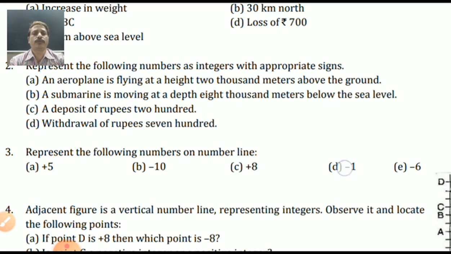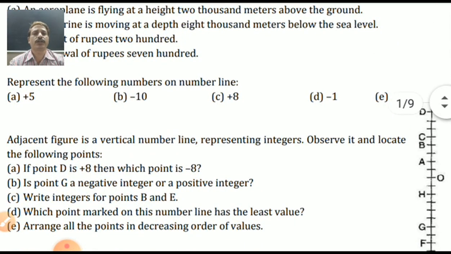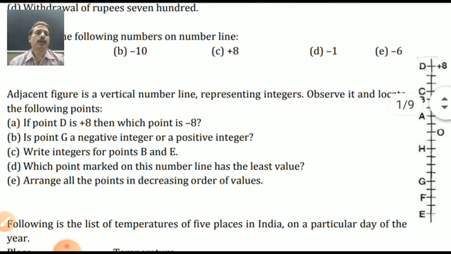See the fourth question. Adjacent figure is a vertical number line representing integers. Observe it and locate the following points. See here, adjacent means nearby, side. One vertical number line is there. Generally we draw a horizontal number line, but in questions there is no space, so they are showing it this way.